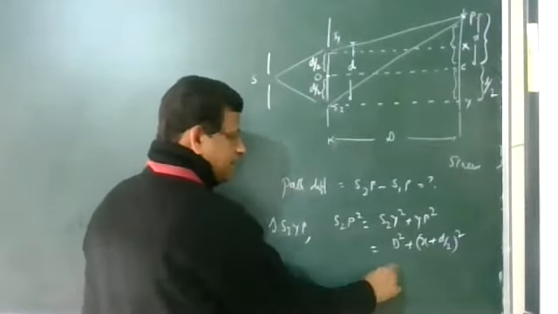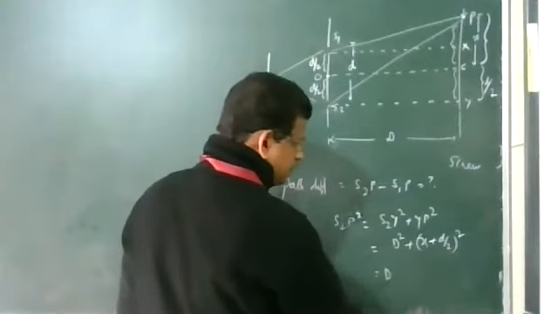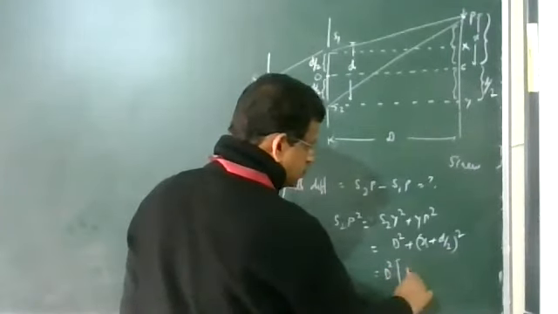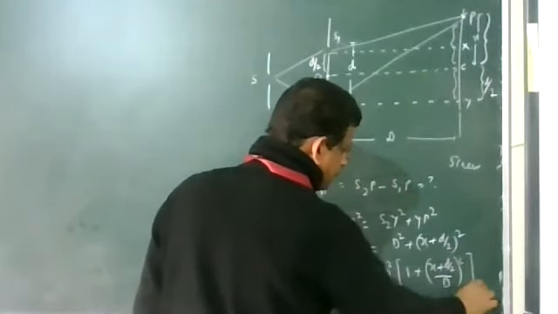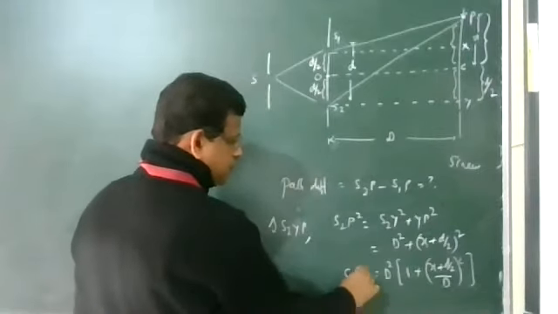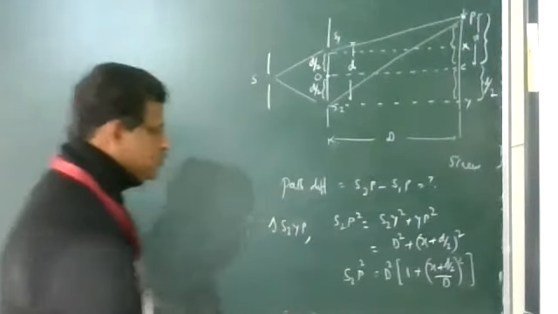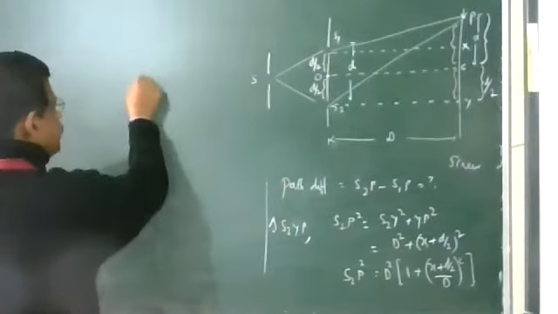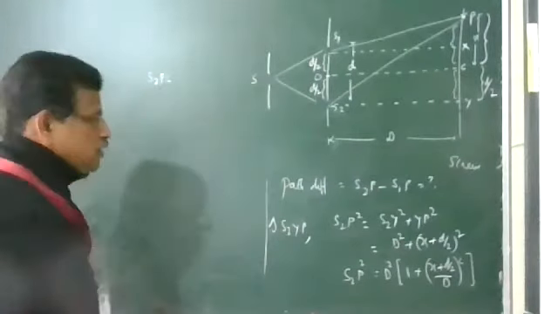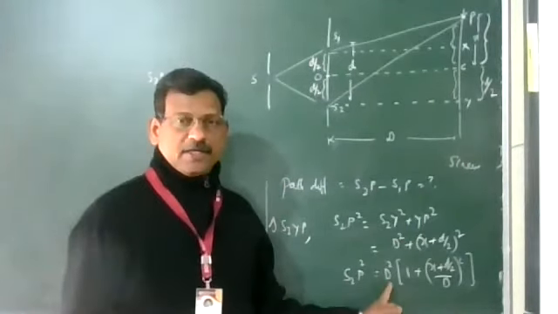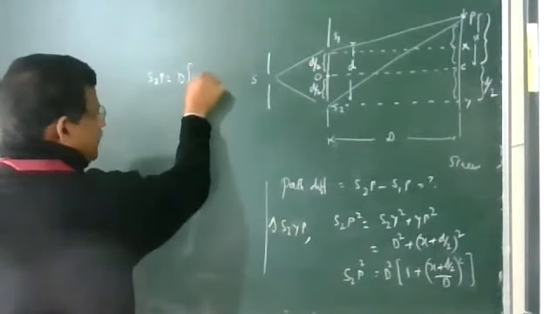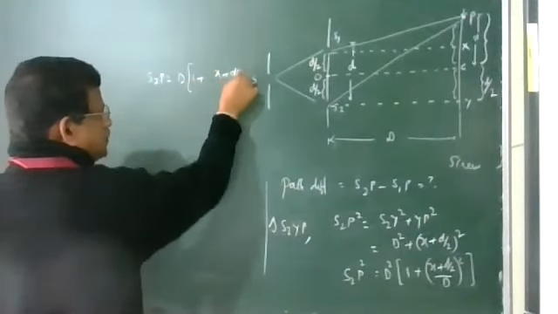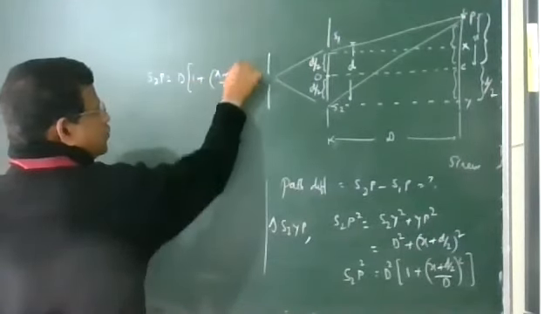You can take D square outside, so D square times 1 plus ((x plus d by 2) by D) whole square. This is S2P square. What will be S2P? Therefore, S2P is equal to D, the square root of D square being D itself, times the remaining 1 plus ((x plus d by 2) by D) whole square, to the power half.